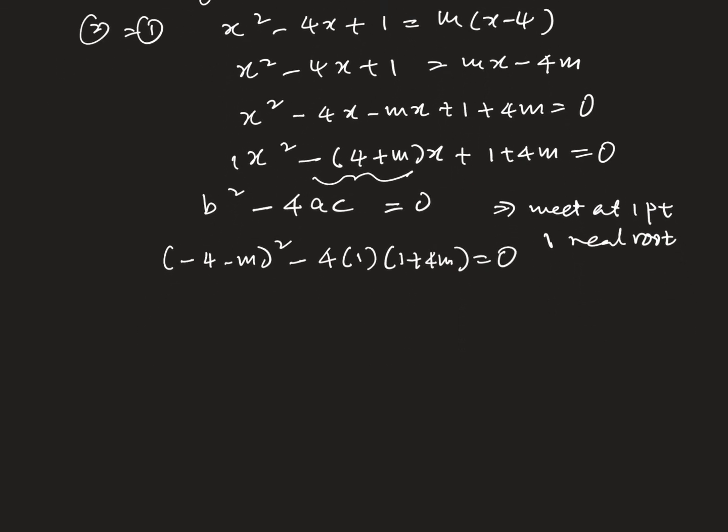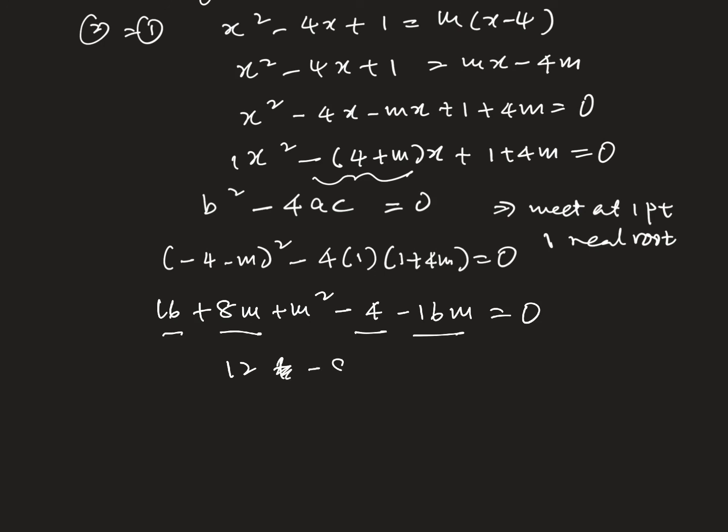So we have 16 plus 8m plus m squared minus 4 minus 16m equals 0. We arrange this: 16 minus 4 is 12, plus 8m minus 16m, we have 12 minus 8m plus m squared equals 0.